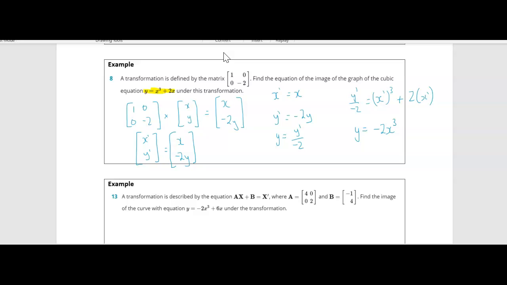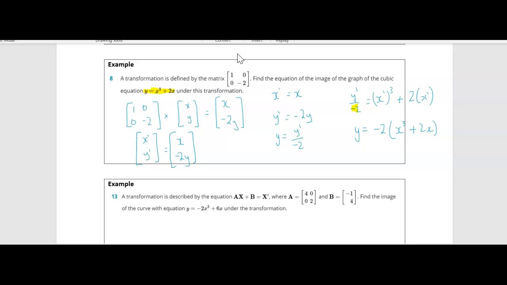All right, so we're going to end up with y equals -2x cubed. Oops, actually, we're going to multiply this whole thing. So we're going to have x cubed plus 2x. All right, because when we're getting rid of this -2 on the bottom here, we're multiplying both sides by -2, so both terms on the right-hand side have to be multiplied by that -2. Then you can leave it like that. You do not need to expand it.